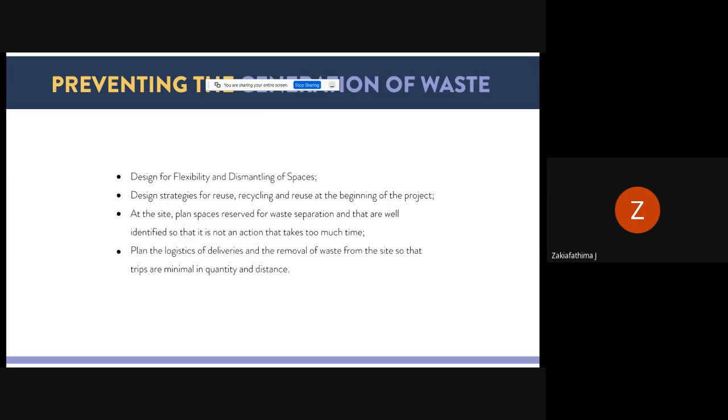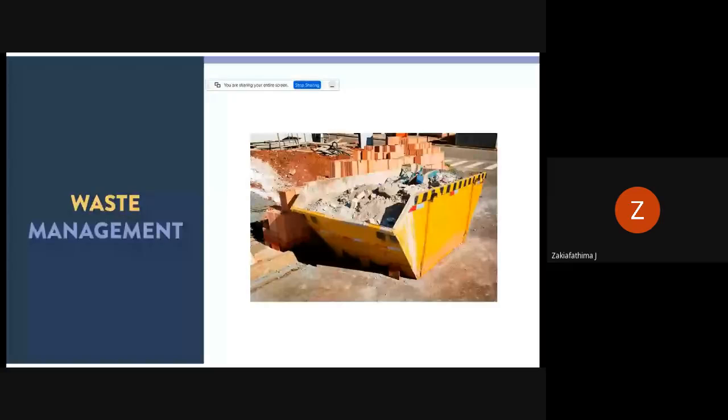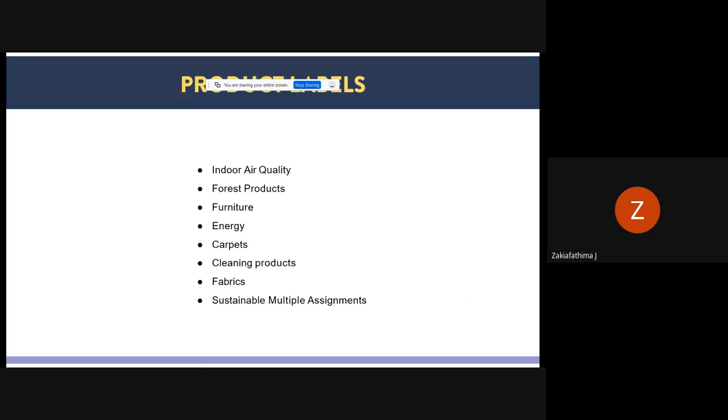Okay, so we spoke about waste management. I think Durga Lakshmi is the one who was answering me right now, so I'm posing the question back to you. Are we talking about waste management or product labels? Ma'am, we covered product labels.